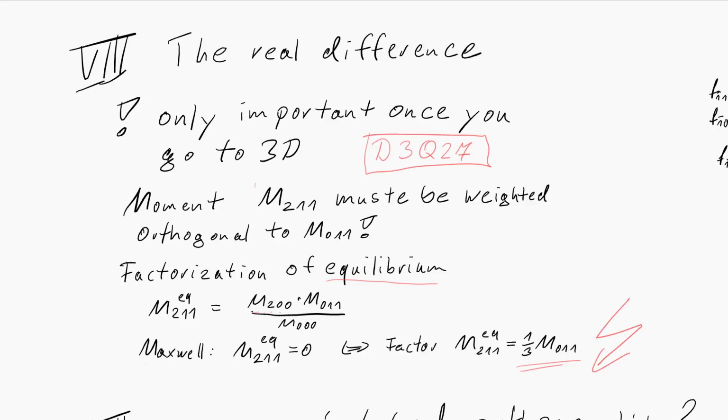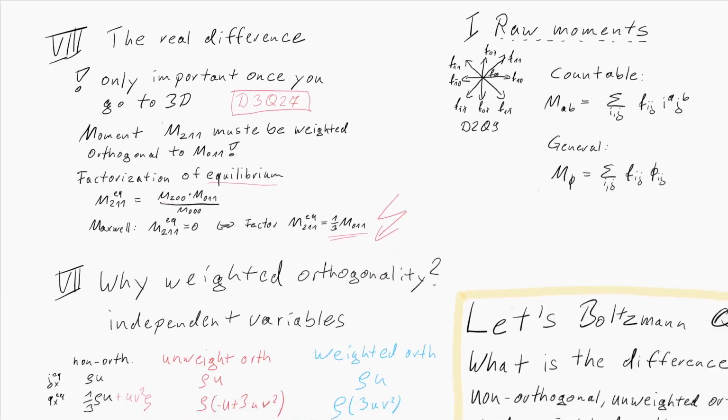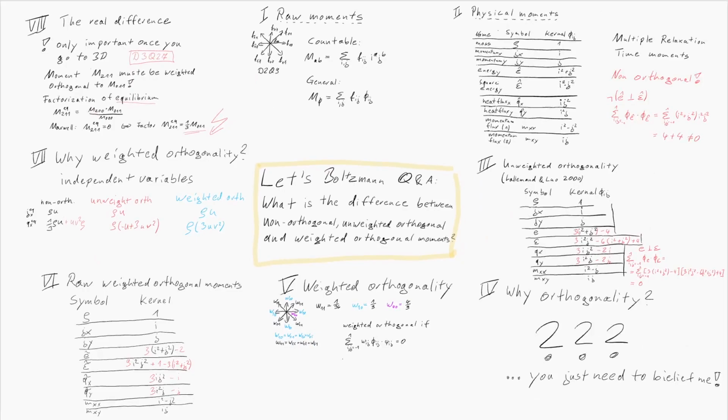This is the reason why these 2 moments cannot be made to relax with different relaxation rates unless we make them weighted orthogonal. So actually this is a pretty complicated thing which I have tried to explain for the last 14 or so years.